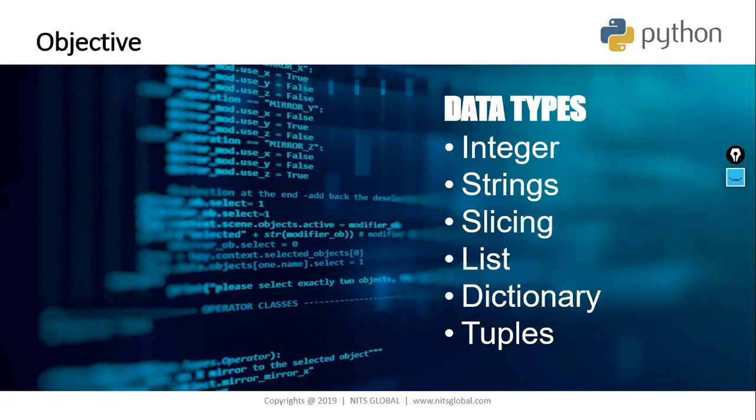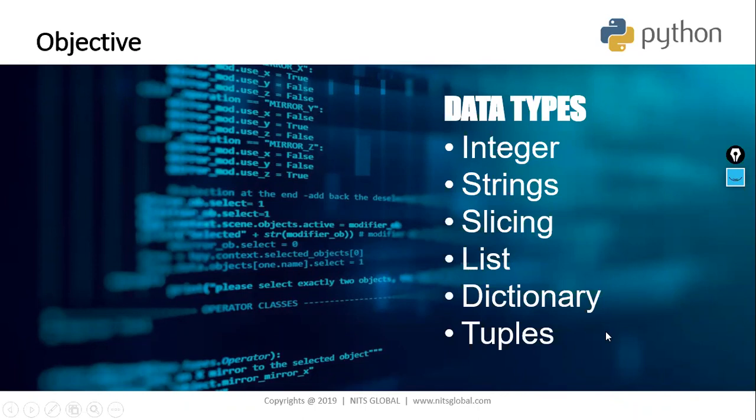Whatever data you are going to input, that data could be an IP address, a username and password, or anything else. How do you store this data? You store this data using different variables, and all those variables are stored under different data types.